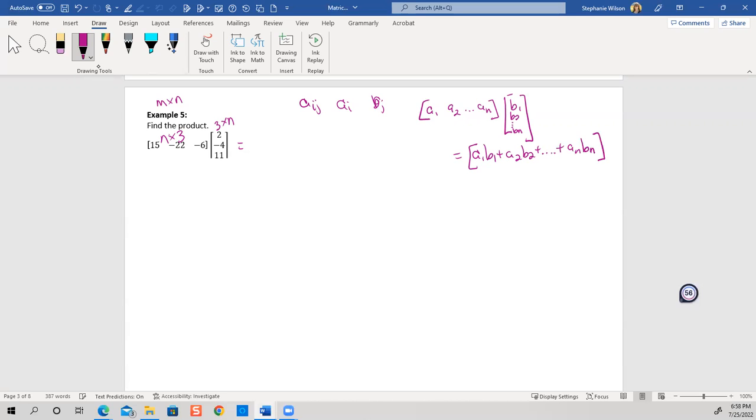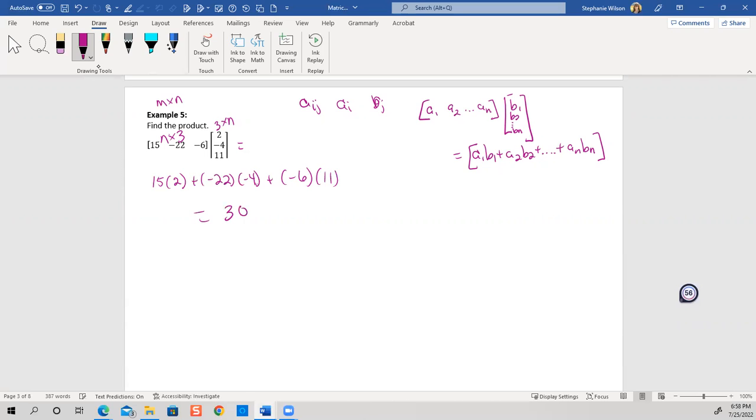Okay, so let's solve for this. So I got A1 times B1, so it's 15 times 2 plus negative 22 times negative 4 plus negative 6 times 11. So what do we got? 15 times 2 is 30.